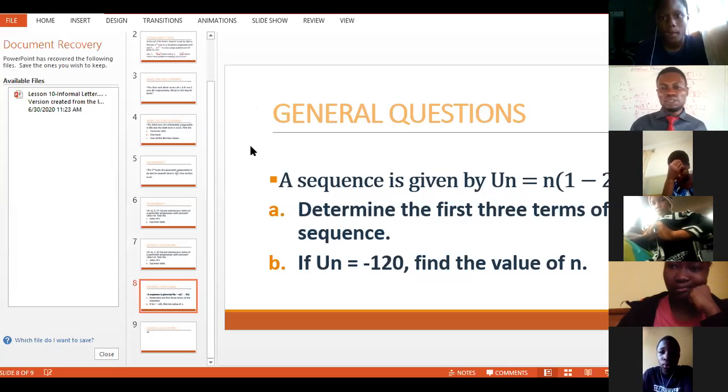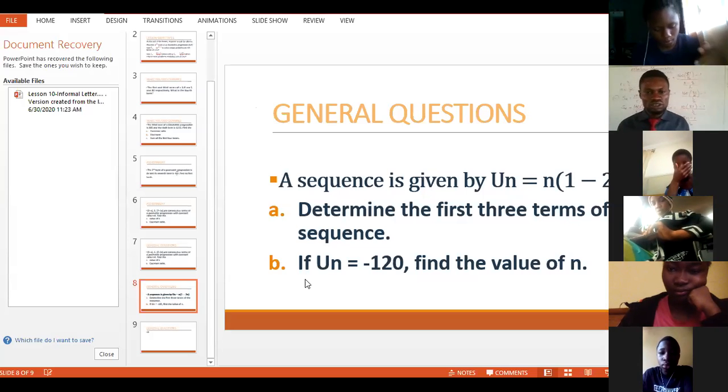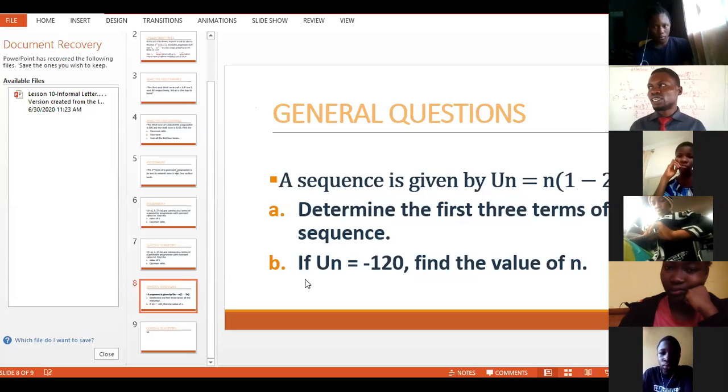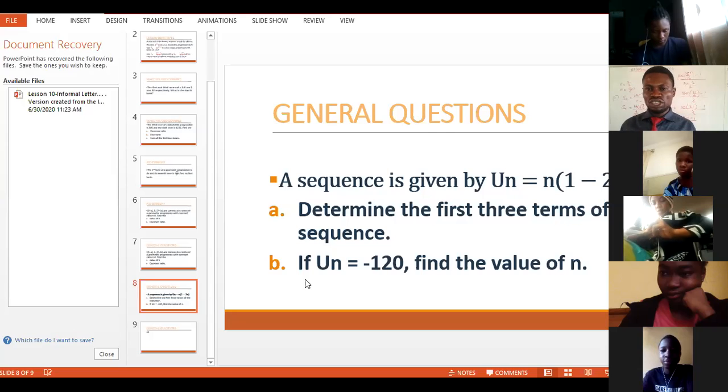Now, for the B part, it says if Un is equal to minus 120, find the value of n. What are we talking about? What does Un mean? It's talking about the nth term. Remember, in the formula I taught you, we used Tn to describe the nth term of a sequence. But in the one they have given you, they are using U subscript n to describe the nth term of a sequence.